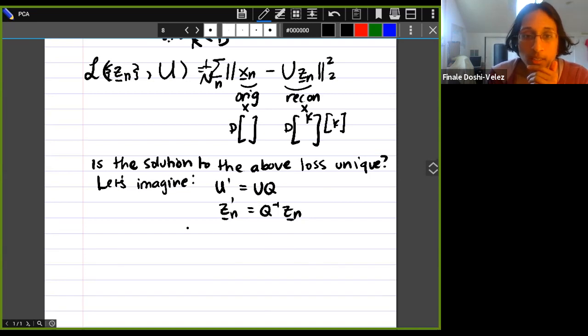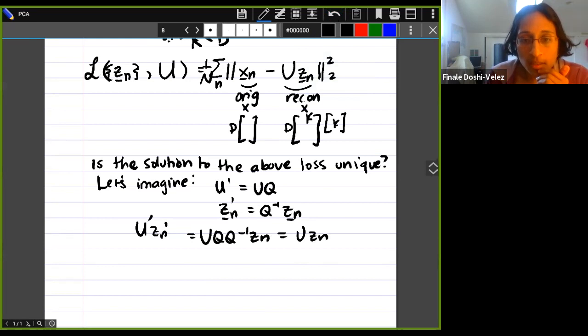So when I take the product u zn, this is going to be the same as u prime zn prime. That's the same thing as u q q inverse zn, which is equal to u zn. There we go.